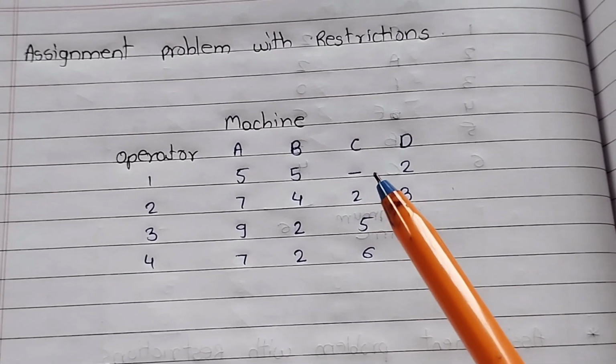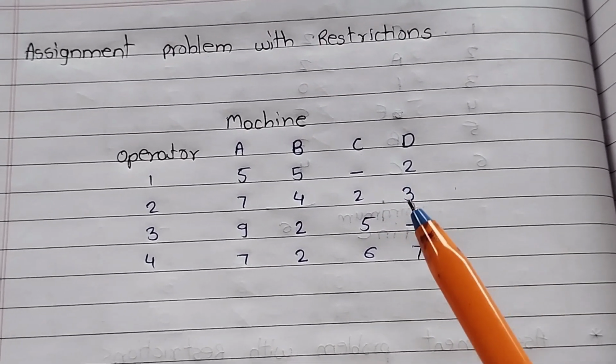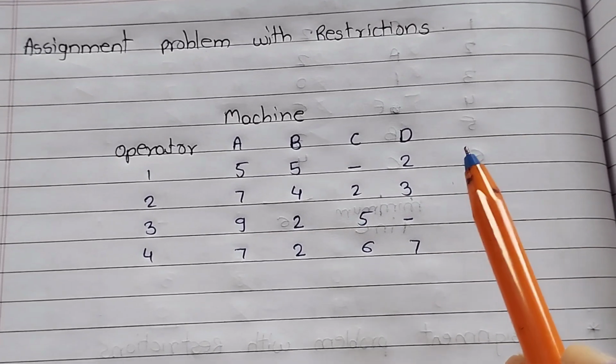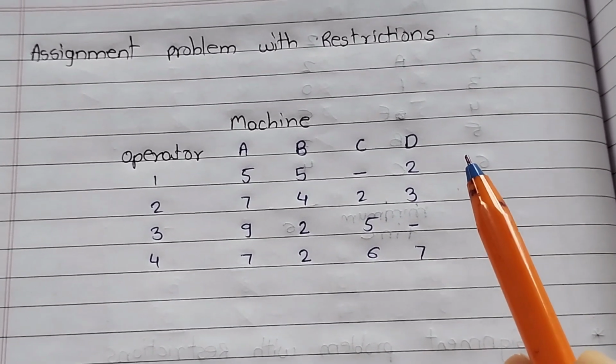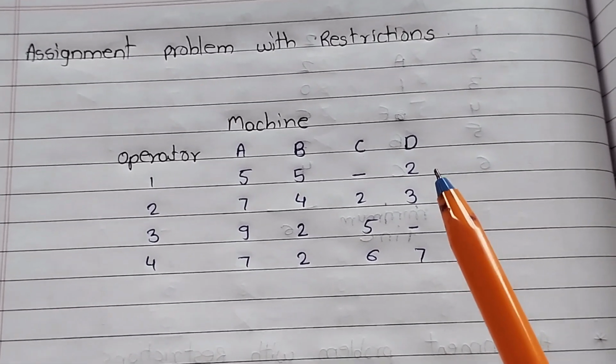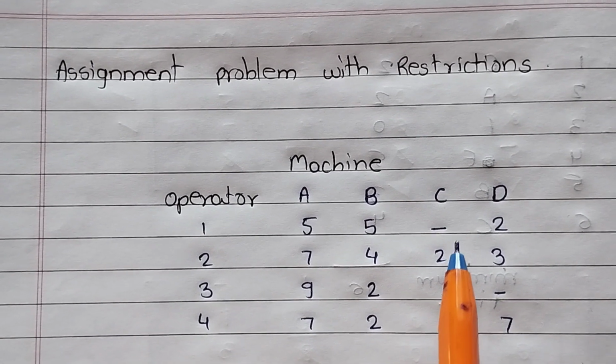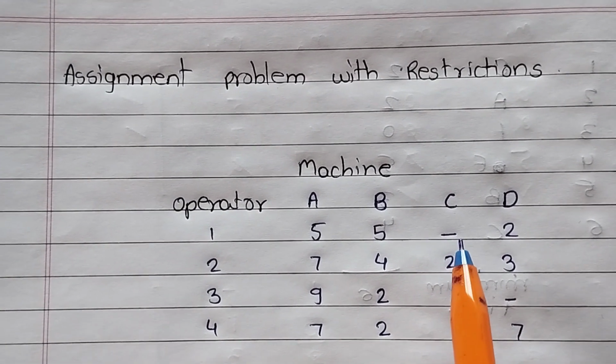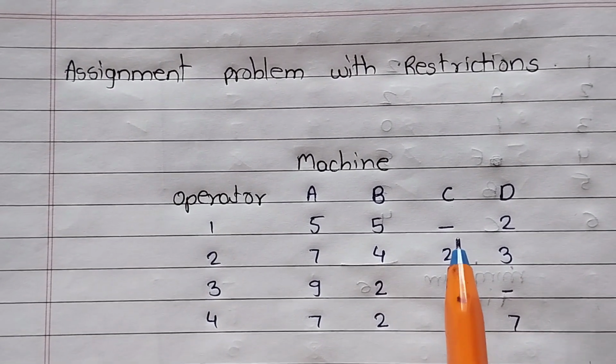To avoid this restriction, we assign a very large value, which is infinity. When we assign infinity there is no change, because any value subtracted from or added to infinity, the answer is always infinity.